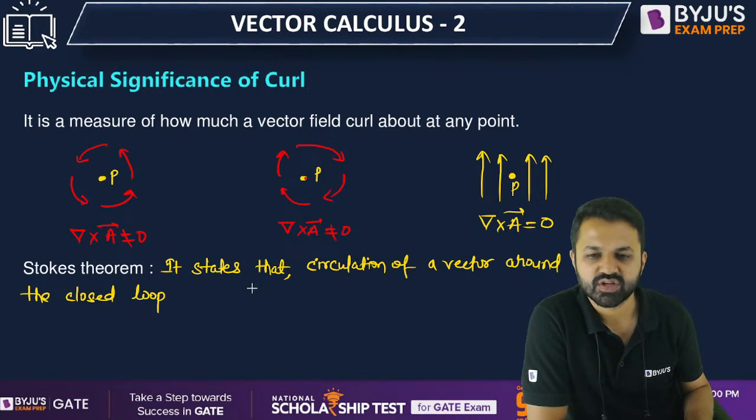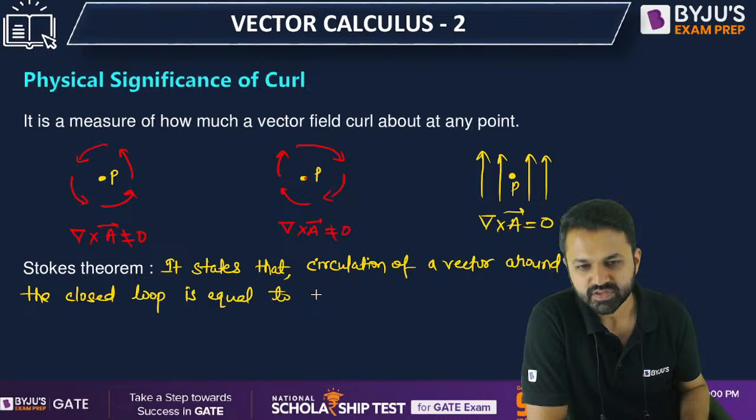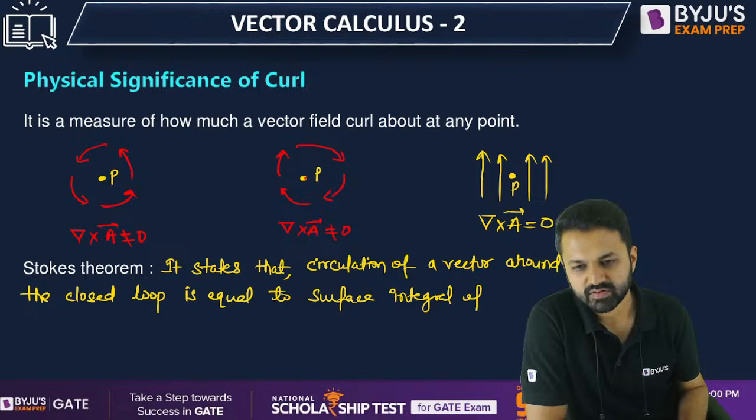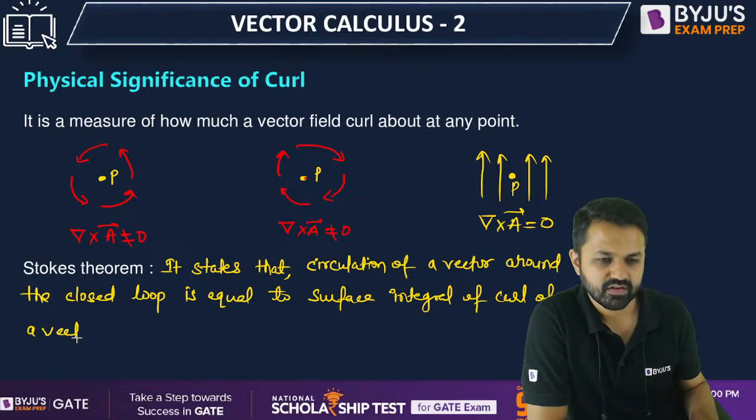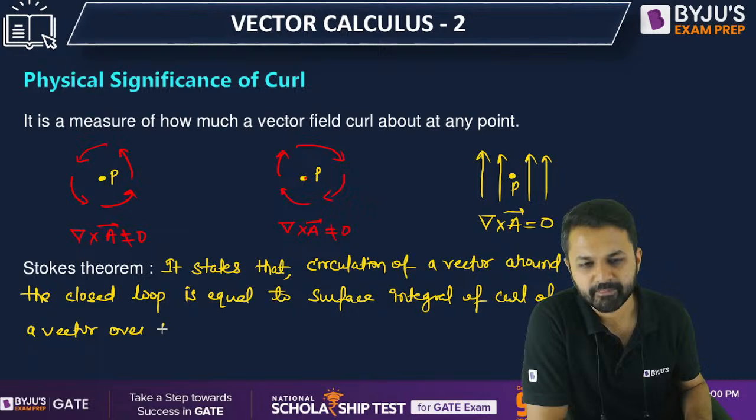It states that the circulation of a vector around the closed loop is equal to the surface integration of the curl of the vector over the open surface bounded by the closed loop.